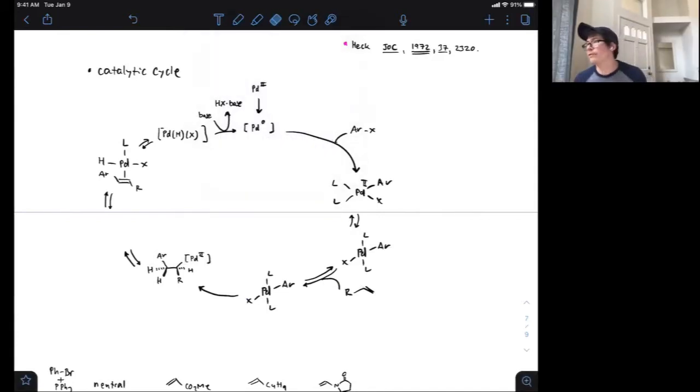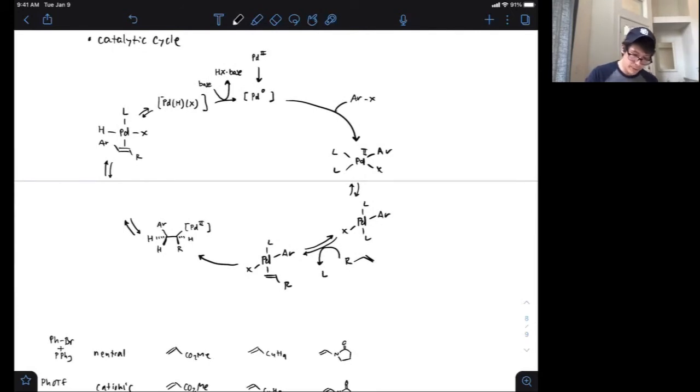I stacked the deck in your favor because you can answer either, and you can be correct depending on whether you're in a neutral or cationic pathway. So let's draw the neutral pathway, which is I guess the more common of the two, where we've lost L. This is coming in, which means I guess I should draw this L coming out.